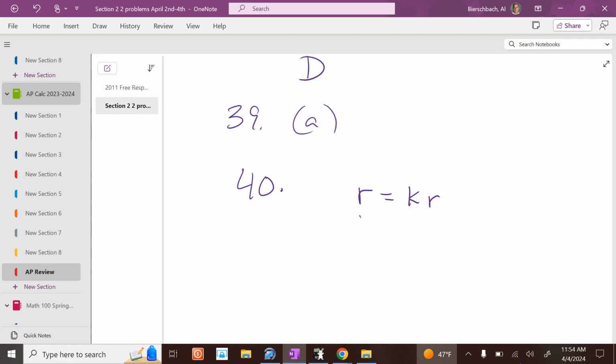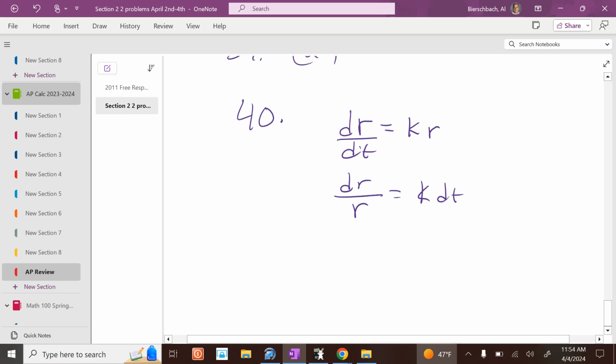So dr dt equals kr. Okay? So if we say dr over r equals k dt. The radius is increasing at a rate proportional to itself.